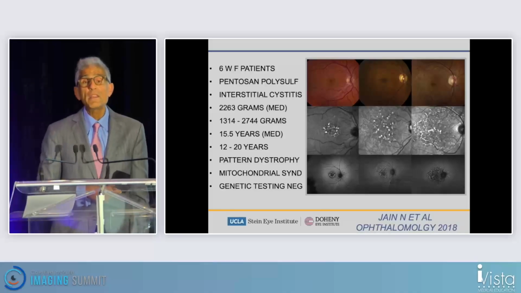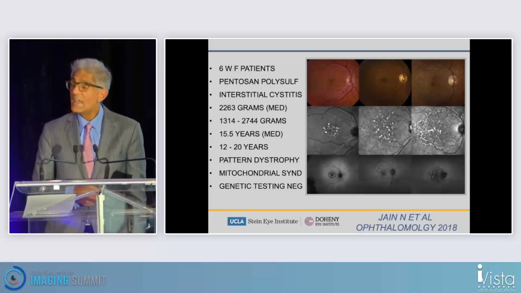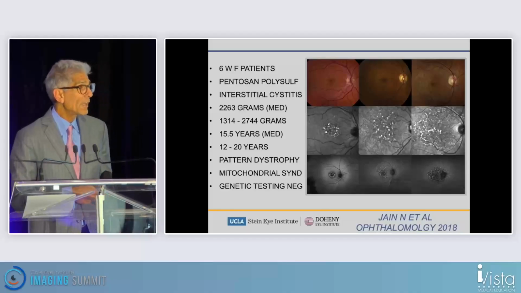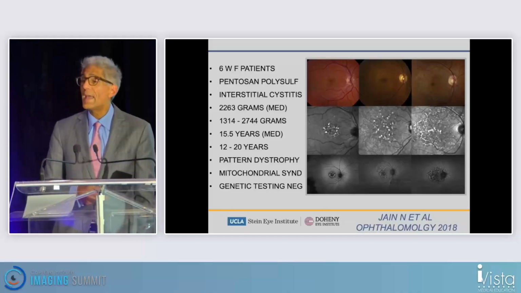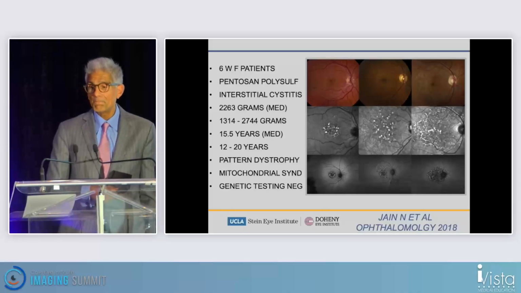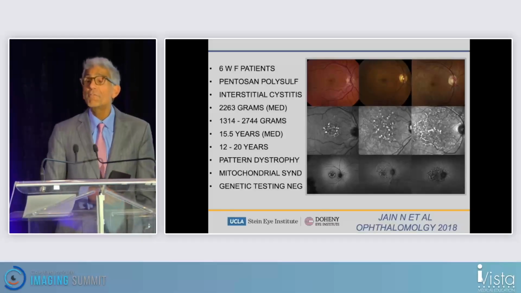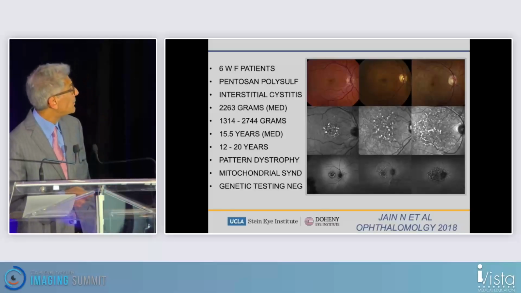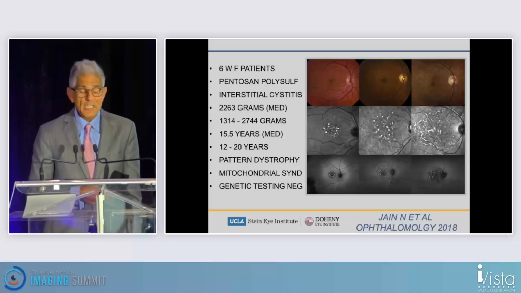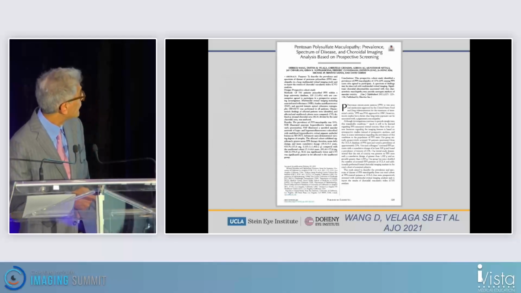It was for many years confused as a form of macular degeneration or macular dystrophy, and it's really, I think, a great effort by Niraj Jain and his team to uncover this needle in the haystack, if you will.